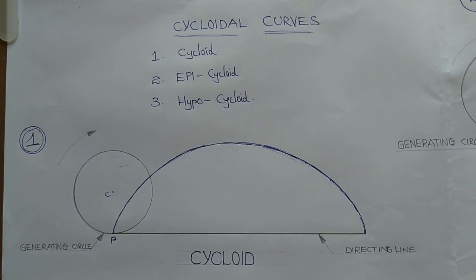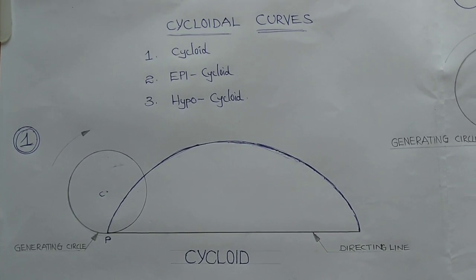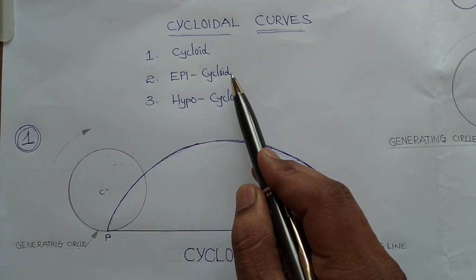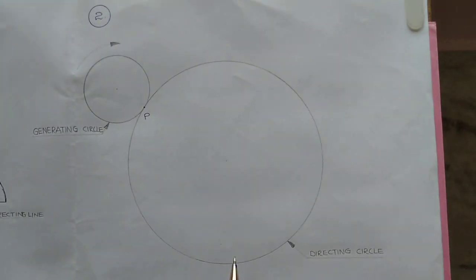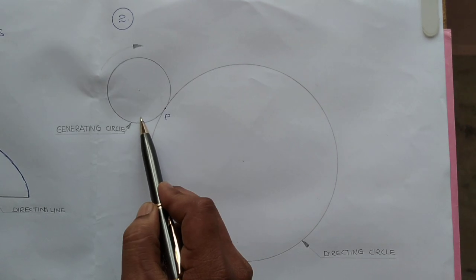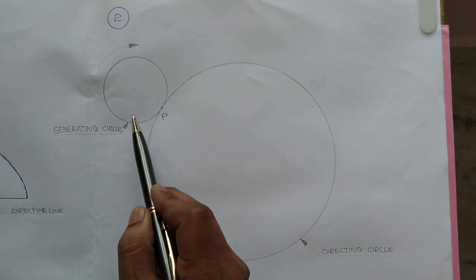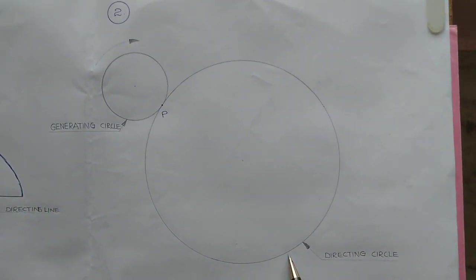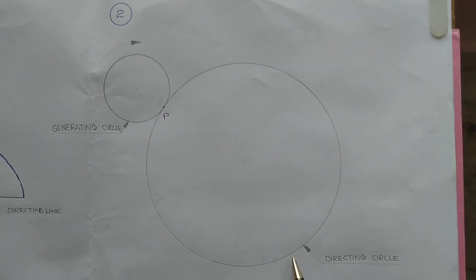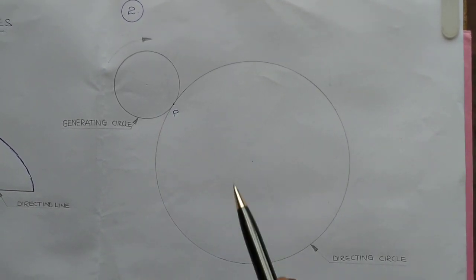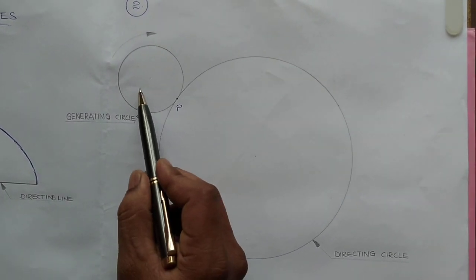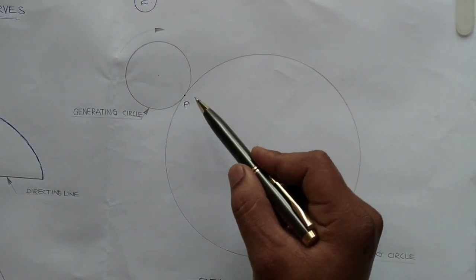Next we can move to the formation of epicycloid. For that purpose, we need two circles. One is the generating circle, which means the movable circle, and the second one is the directing circle, that means the fixed circle. If you observe this diagram, this smaller circle is rolling over the other circle.